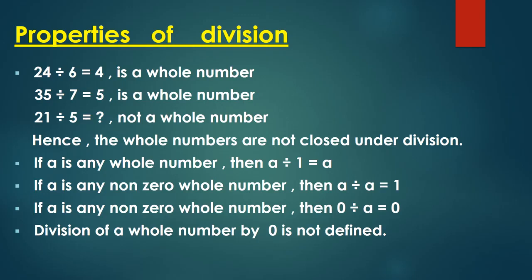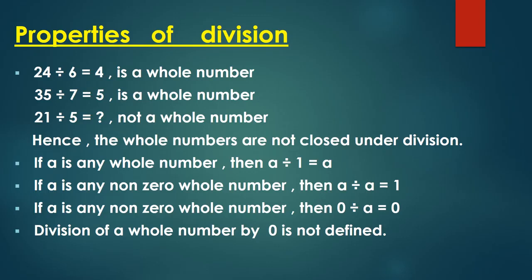Second point is, if a is any whole number, then a divided by 1 equals a. Next, if a is any non-zero whole number, then a divided by a equals 1.